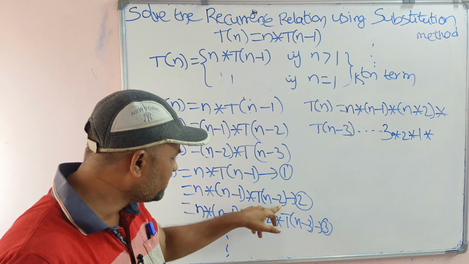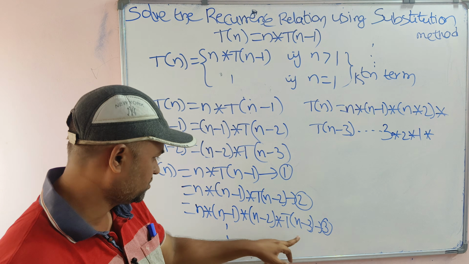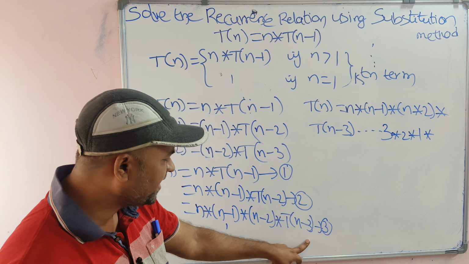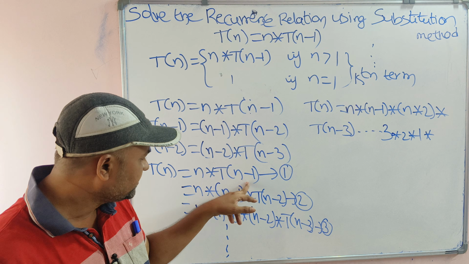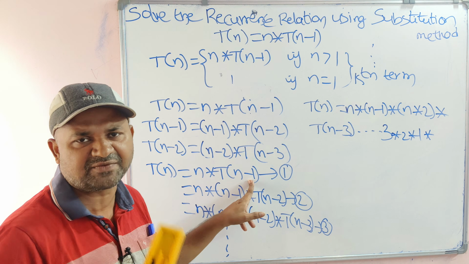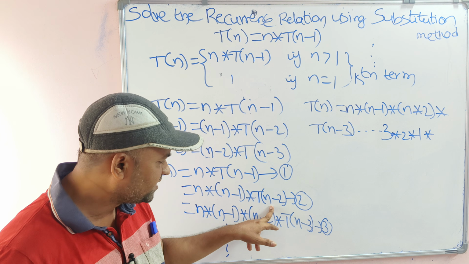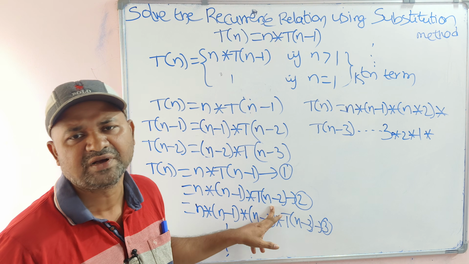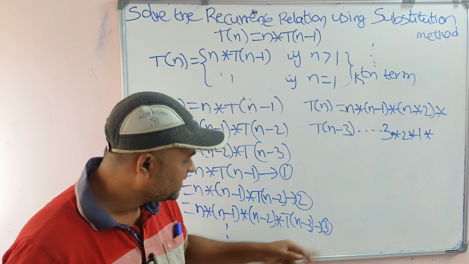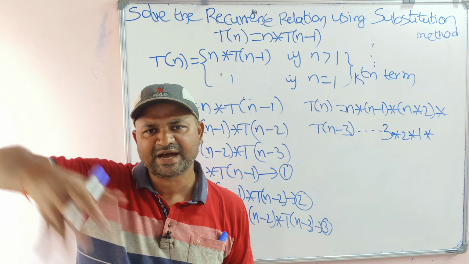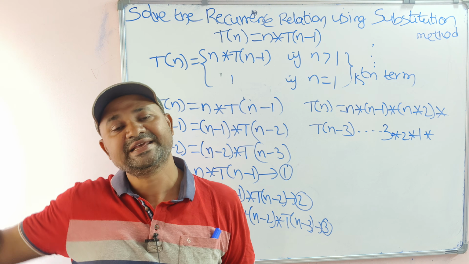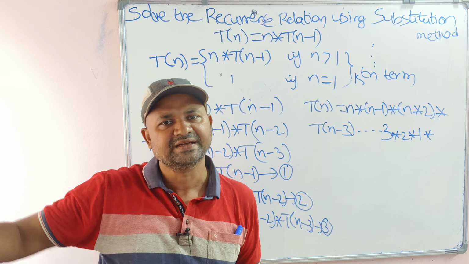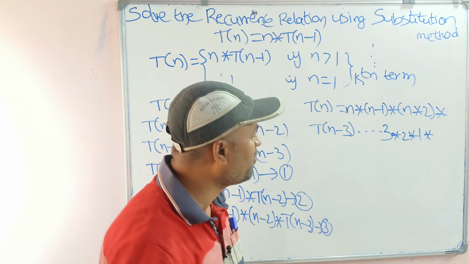If you see equation number 2, we have T of n minus 2. If you see equation number 3, we have T of n minus 3. Let n value is 10. Then T of 9 in equation number 1. Next, in equation number 2, we have T of 8. Next, T of 7. It will continue like T of 6, T of 5, T of 4, T of 3, T of 2, T of 1.